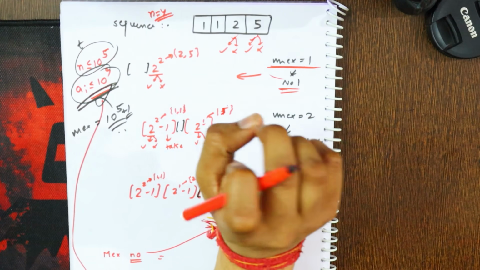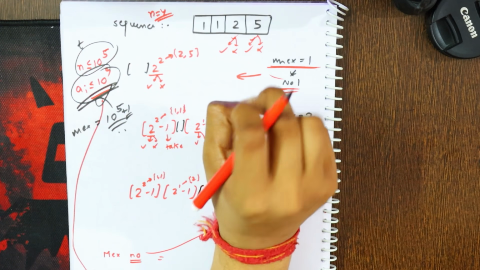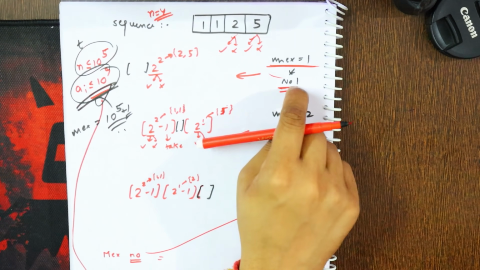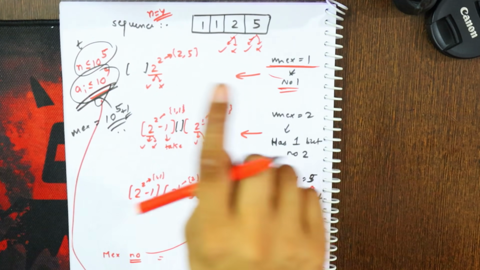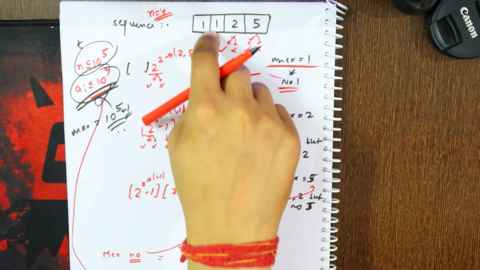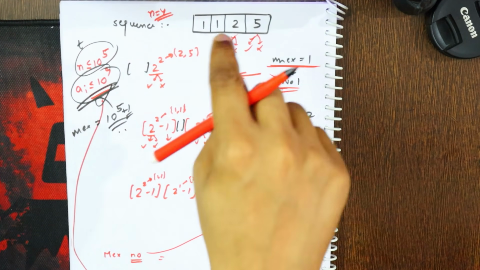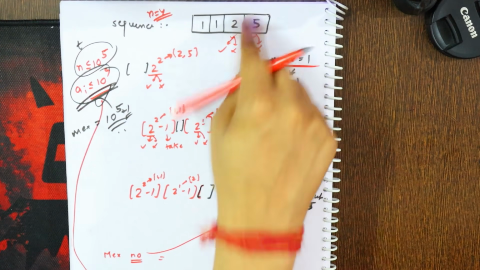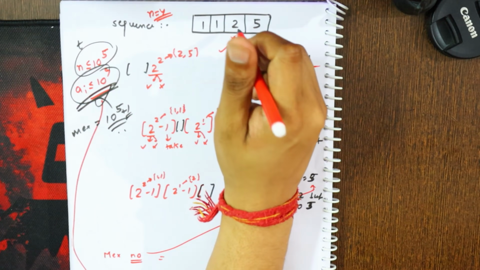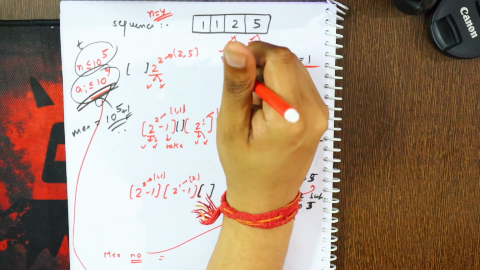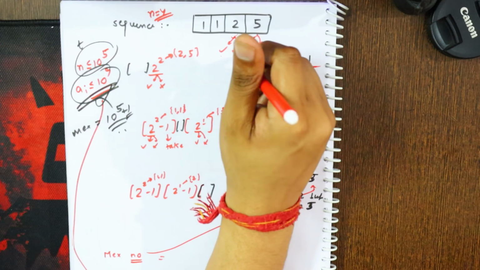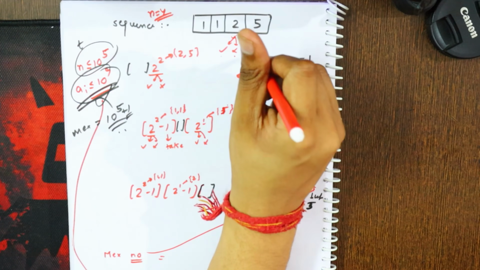So the number of subsequences having MEX equal to 1 means that I should not include 1. So I will only include these. Now for this I have 2 options, either I have it or I do not. Same for this one.